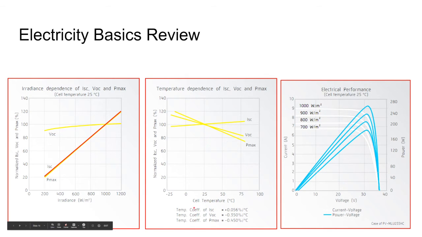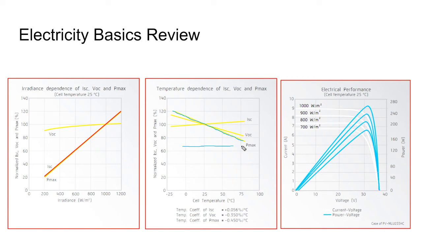Here we have a function of cell temperature, and to see how cell temperature impacts current and voltage, as well as their product. Voltage times amperage is power. As cell temperature increases, here we have our power, and our power level.